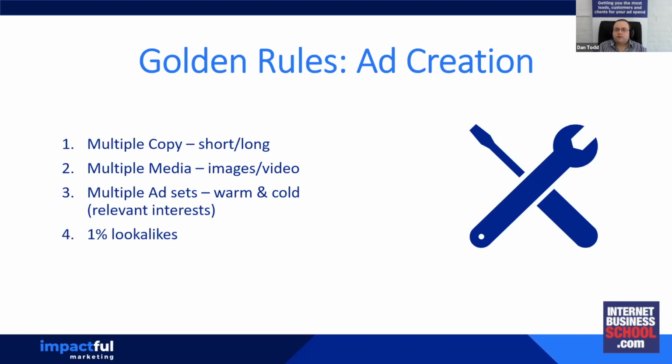And then, as an extension of the audiences, you want to be running lookalike audiences. As I mentioned, that basically allows you to expand upon a customer list and target people that are very similar in terms of demographics and interests. Now, there are different options when you create them. What I recommend is a 1% lookalike.